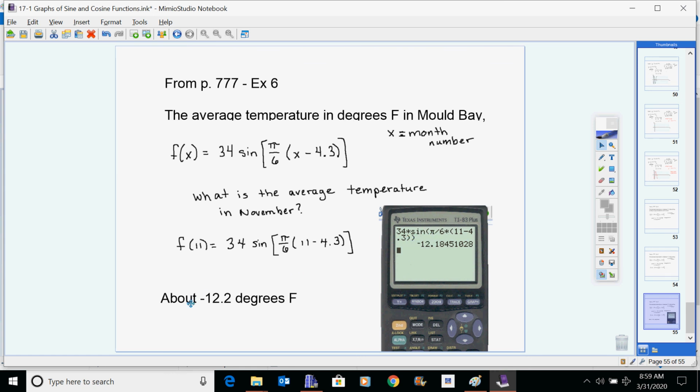And so in Mold Bay, this tells us that we have about -12.2 degrees Fahrenheit. Now be careful, because degrees as in temperature is different than degrees as in trigonometric degrees. Make sure that your calculator is set to radians for this.